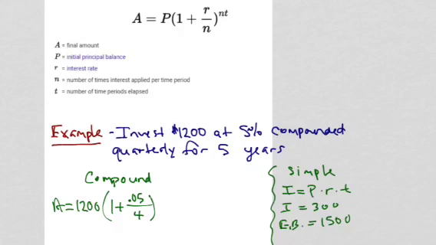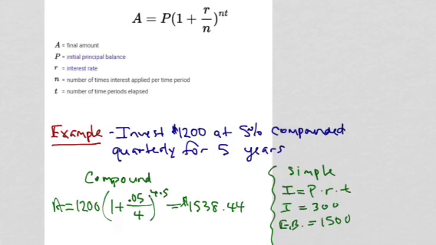And then my exponent will be that same 4 times 5, that meaning the number of years we're leaving it in there. And if I did this on my calculator, and yes, you can just type this whole thing on your calculator, you would end up with $1,538.44.